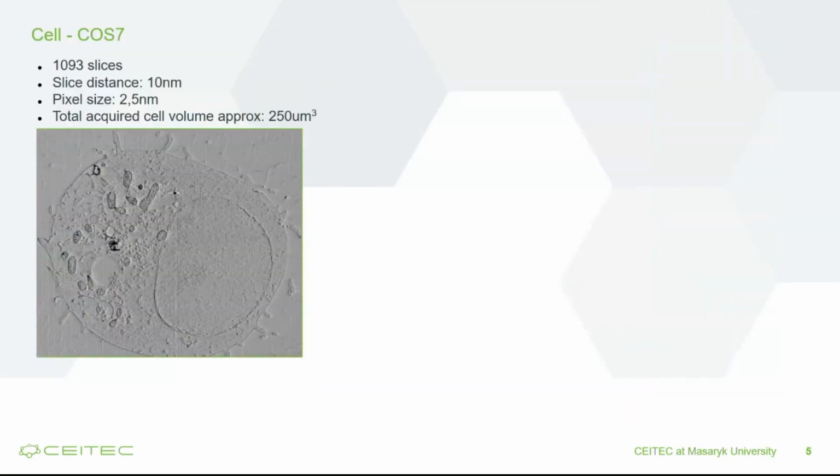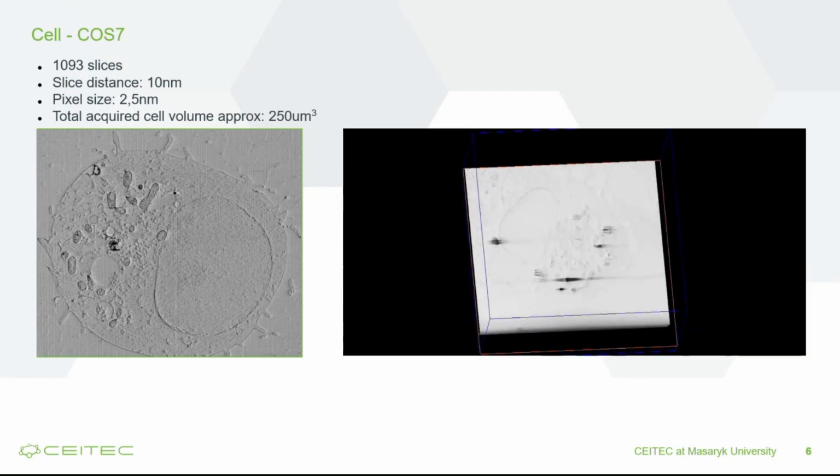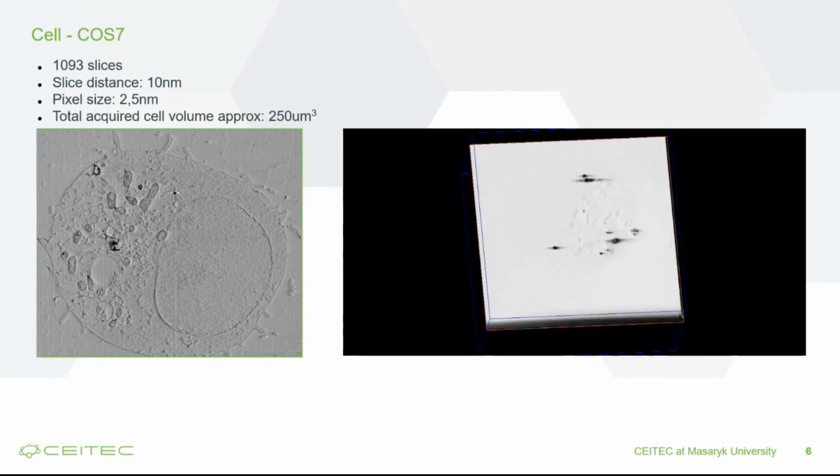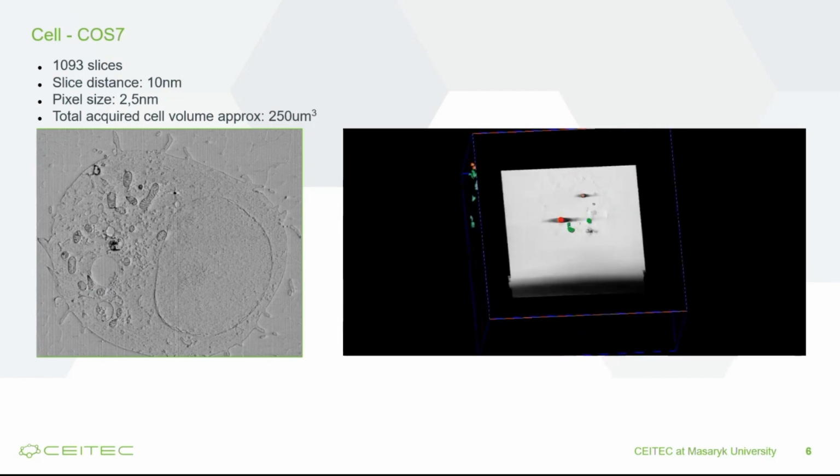In the following slides, I will show you some sample types that have been tested for cryo imaging. So this is another cell. We froze it as a cell suspension. We reconstructed almost the entire volume of a COS7 cell, resulting in 1,000 slices.